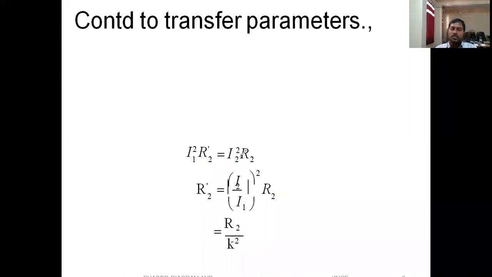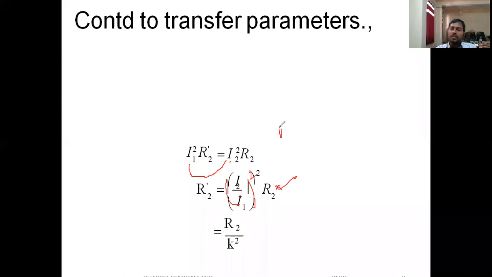If you want to transfer the resistance from secondary to primary, this is the condition. How to find the value of the resistor R2 dash? I1 square R2 dash is equal to I2 square R2. So R2 dash is equal to I2 by I1 whole square into R2.